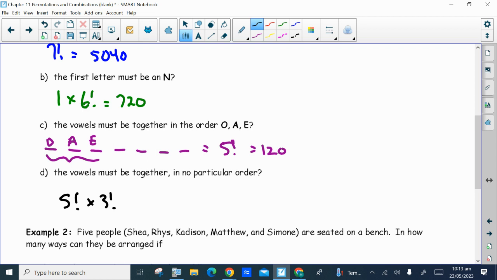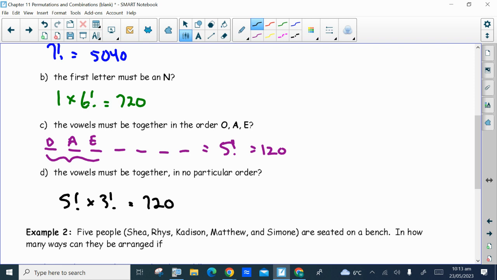The 3 factorial represents the ways those 3 letters can be arranged amongst themselves. They can be in no particular order, so they can be rearranged amongst themselves, and 3 objects can be arranged in 3 factorial ways. So this will be 5 factorial times 3 factorial. 3 factorial is actually 6. 5 factorial times 6 is the same as 6 factorial, which is 720.